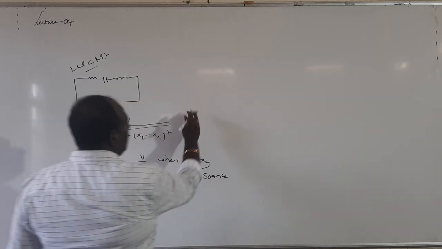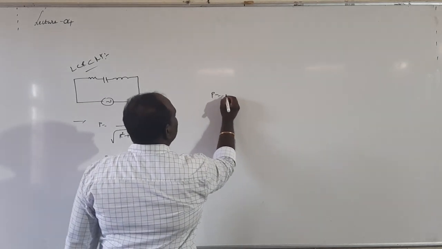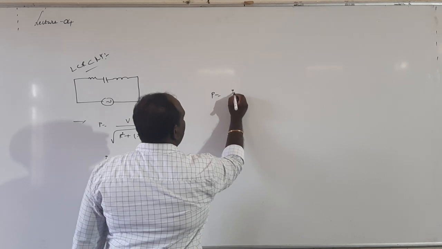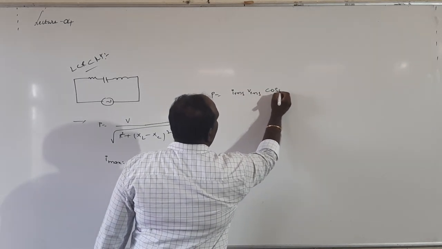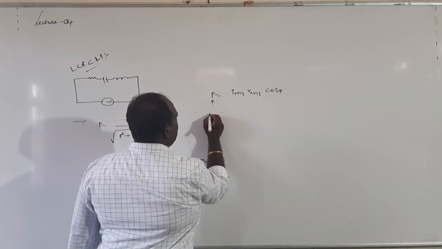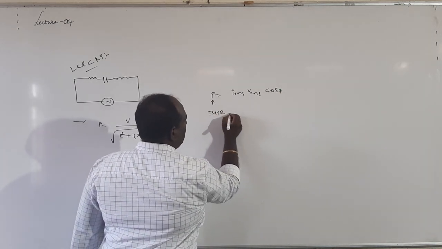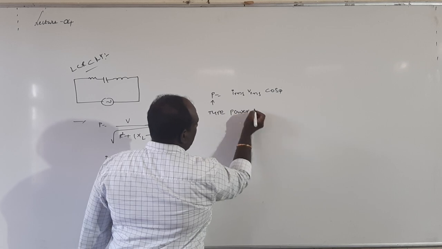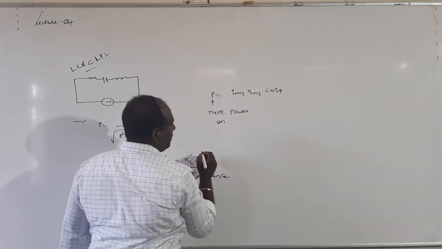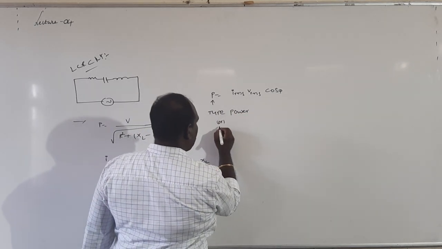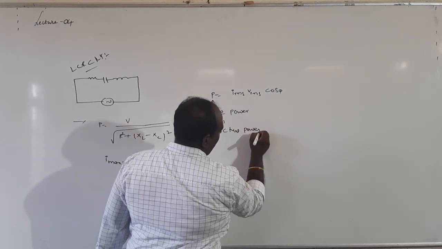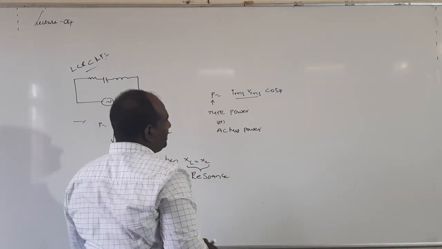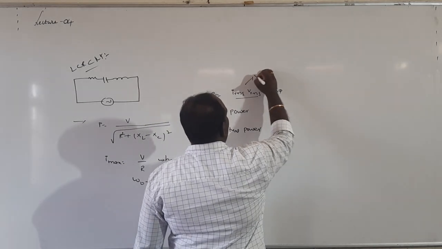Next we discussed power. P is equal to IRMS into VRMS into cos phi. This P is known as true power or actual power. IRMS into VRMS is known as virtual power.